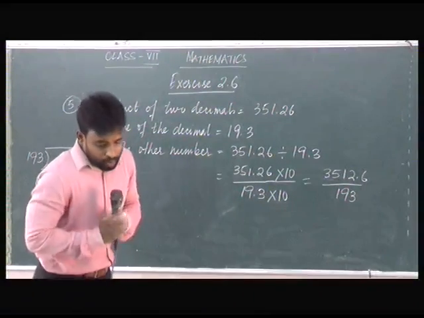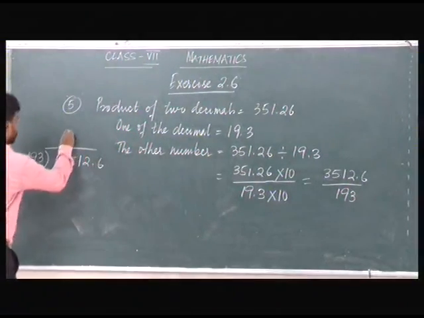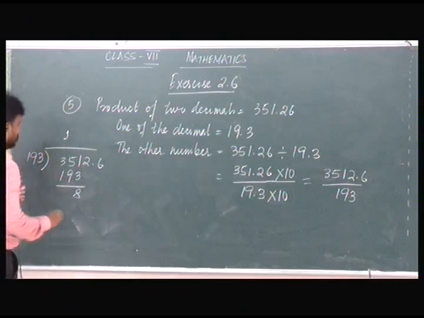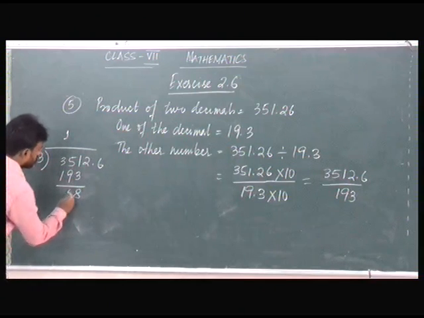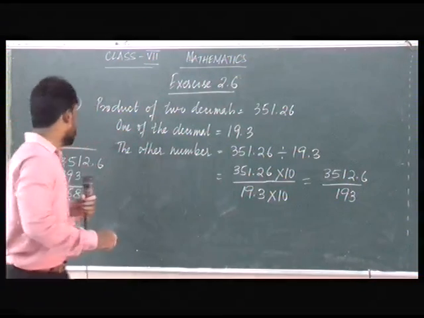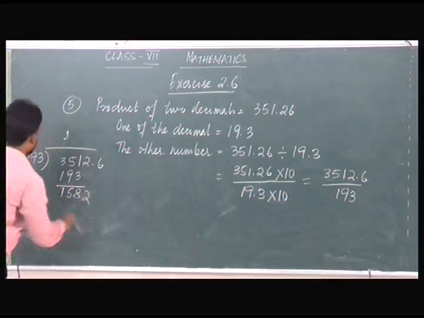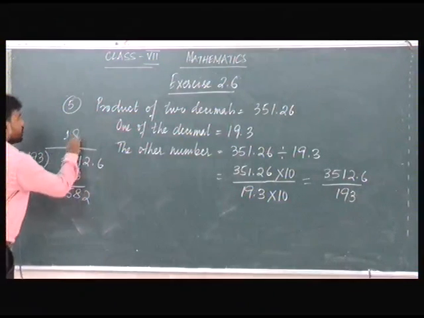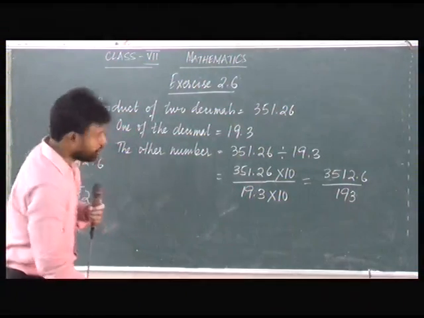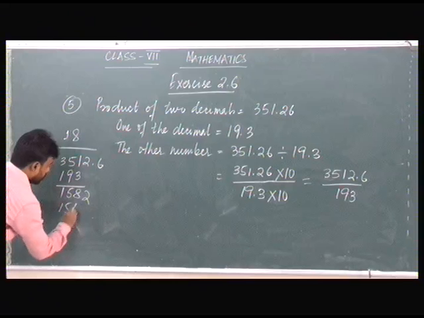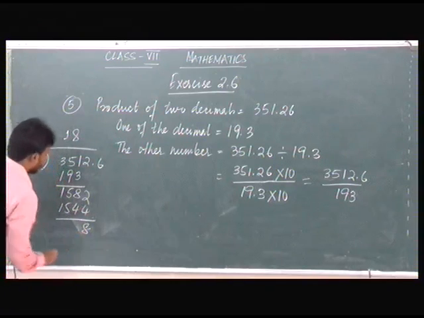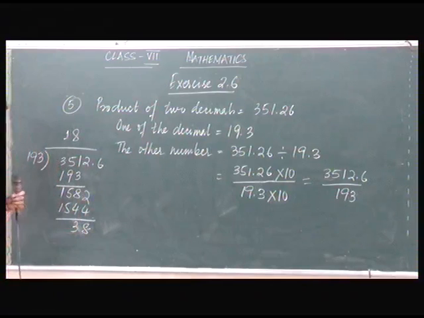So let us divide now. Here we will get 1 time. So we get 158 here. We bring down 2. Now 193, you take 8 times, you will get 1544. You subtract it, you'll get 38.